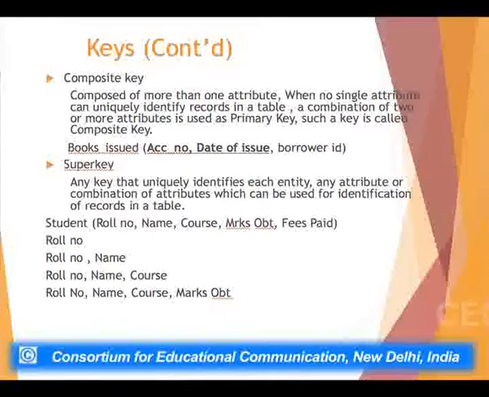This example shows a table student which has fields roll number, name, course, marks obtained, fees paid, etc. In this case, roll number is a super key, roll number plus name will be a super key, roll number, name, course will be a super key, roll number, name, course and marks obtained will also be a super key.